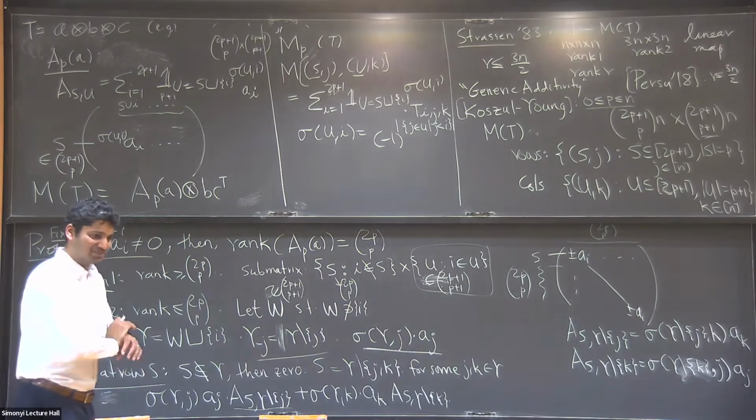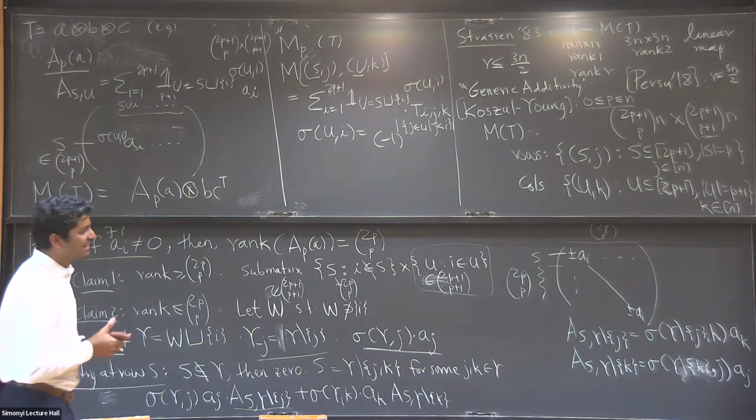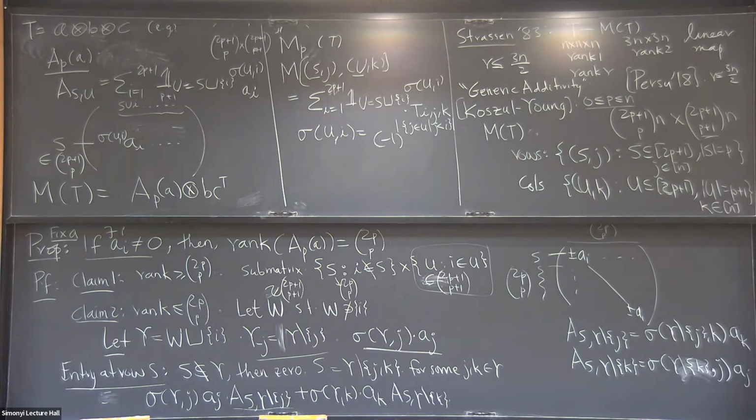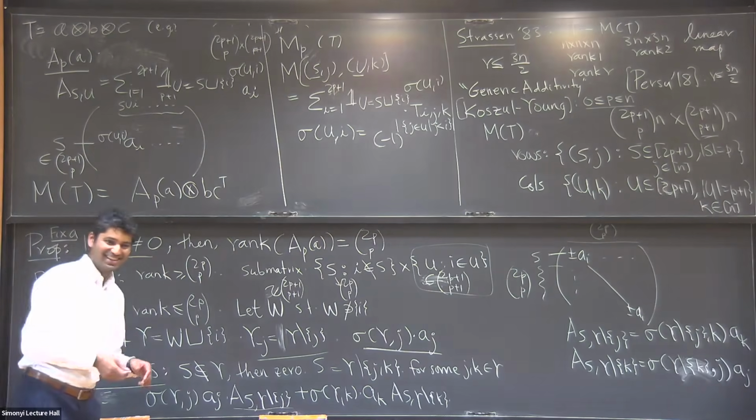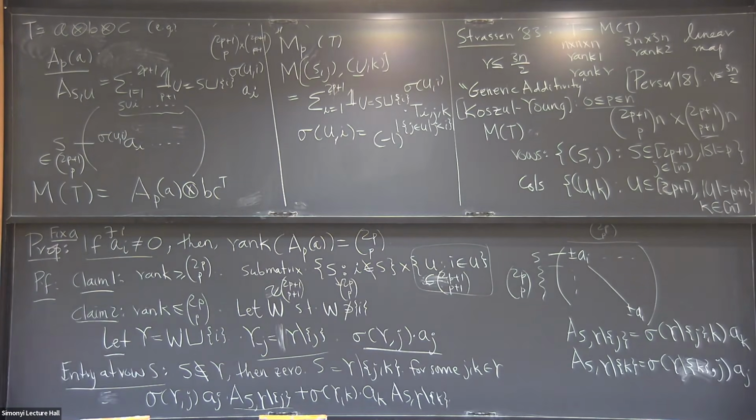Explain why you would define this kind of thing. If you think of the exterior algebra, these are wedge products of these vectors, and it's just explicit calculation. In the exterior algebra defined by these columns, the rank is 2p choose p.